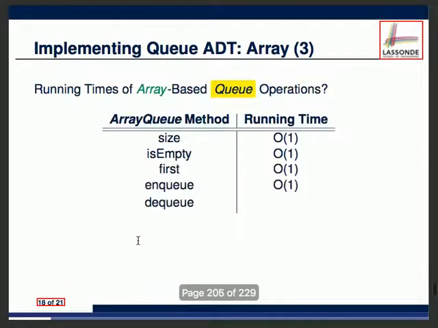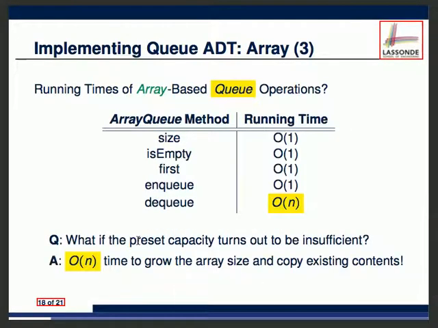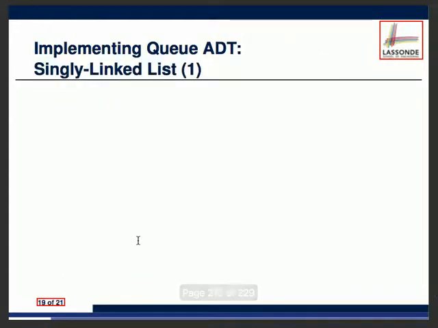Okay, let's talk about linked list very quickly. The same idea. Dequeue, you can see, is linear time. Now, let's talk about how we can implement a queue using a singly linked list. Do you want to treat the front of the list as the first of the queue, or the back of the list as the first of the queue?